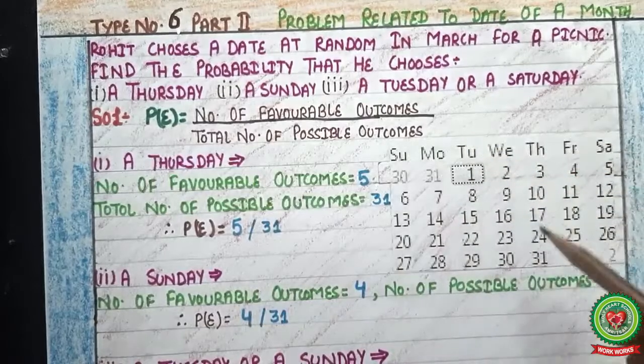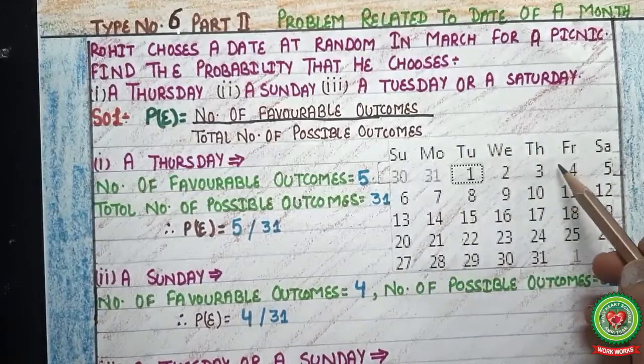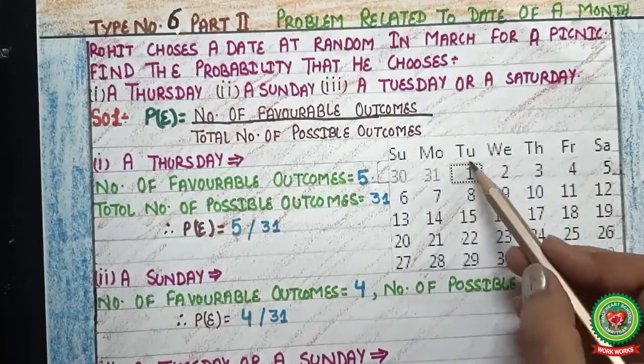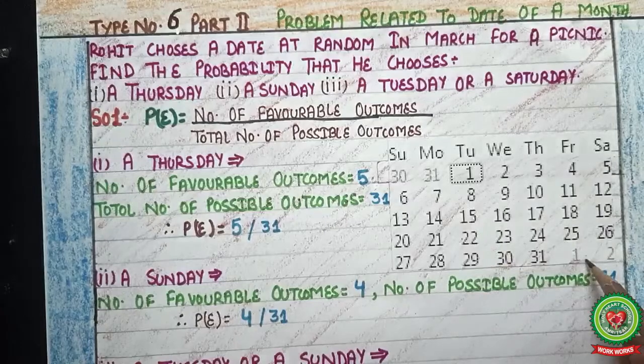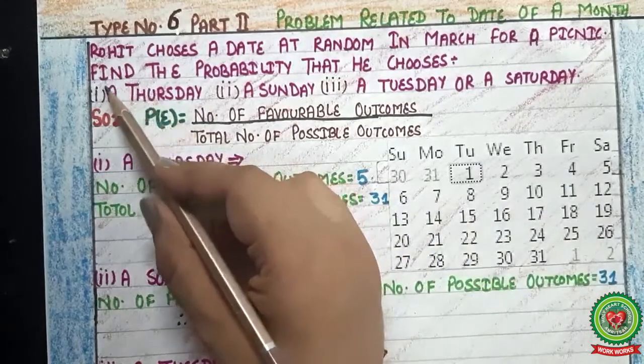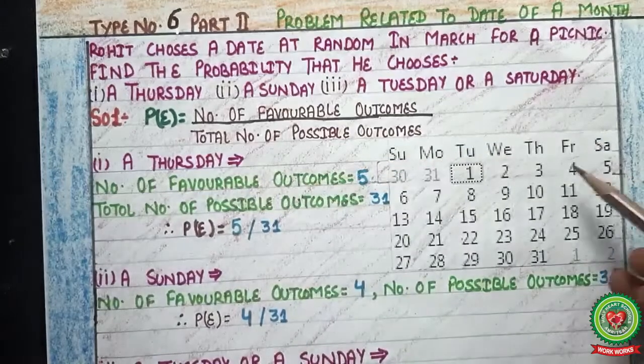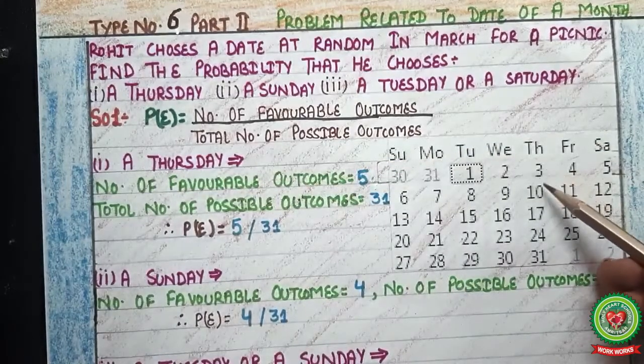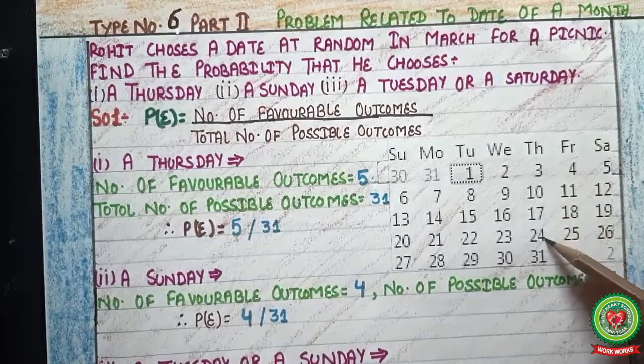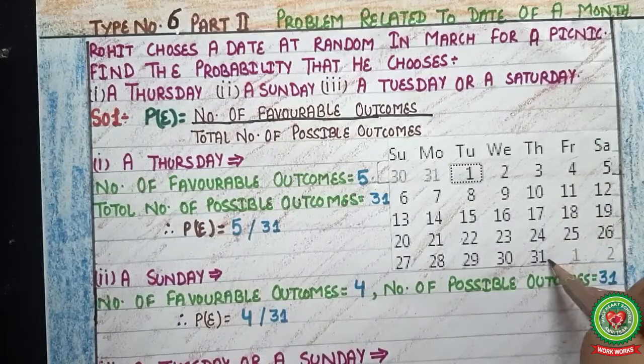Now, this is the sample space for the month March. First part is a Thursday. Count how many Thursdays there are. There are 1, 2, 3, 4 and 5 Thursdays.